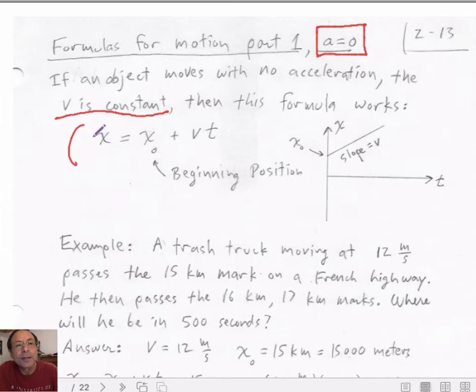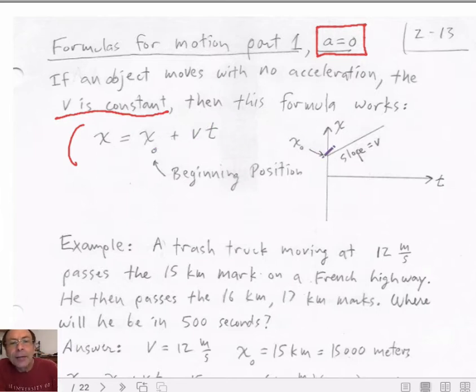The position x is equal to x sub 0, which means the position when the experiment started, plus the velocity times time. This 0 comes from the fact that this is the position at time t equals 0, so that's why we call it x sub 0.